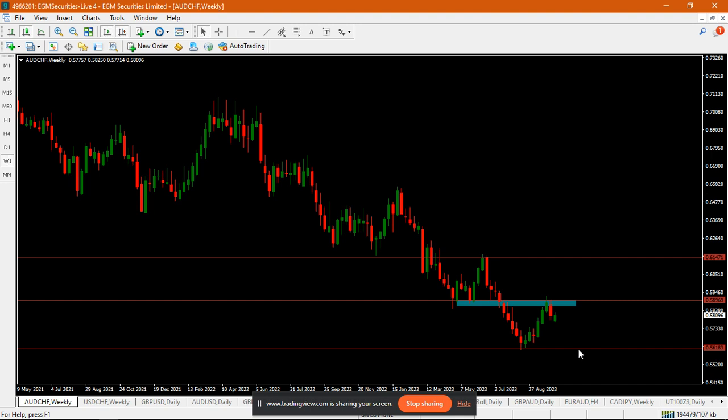This is just beautiful. We note that we didn't draw this level using this lower high or lower low. The market came in to test this level right here and bounced off that level. Man, this is just clean.